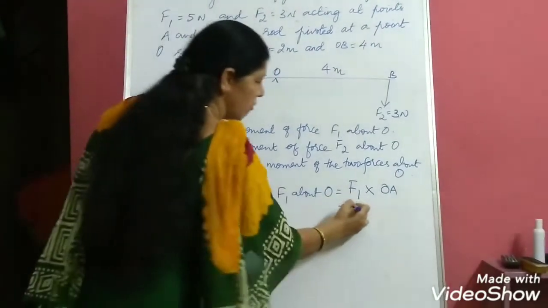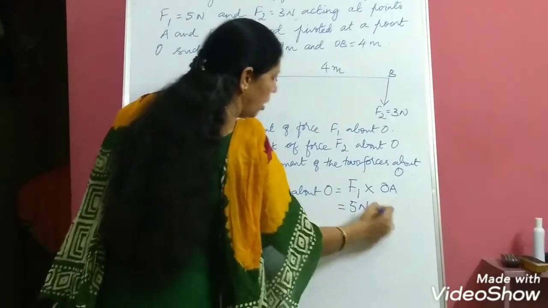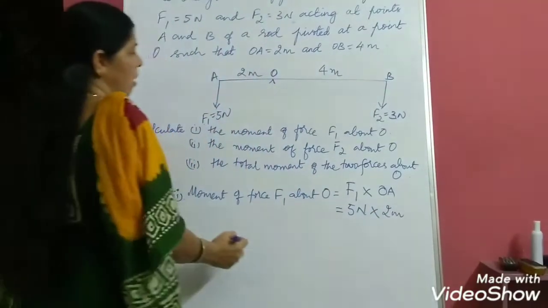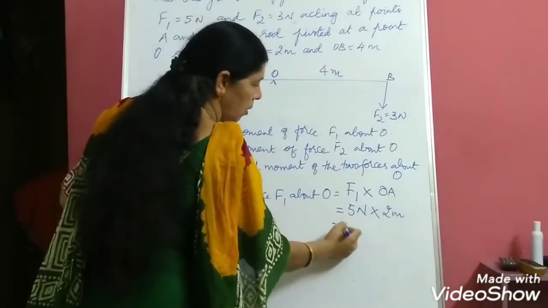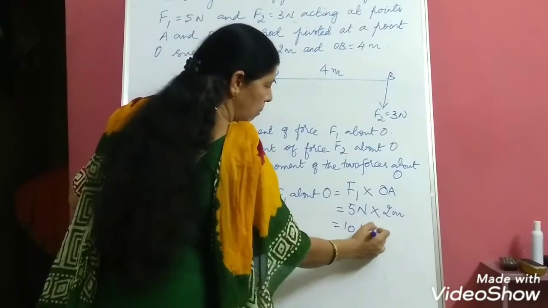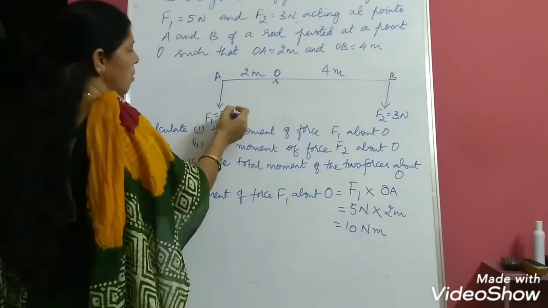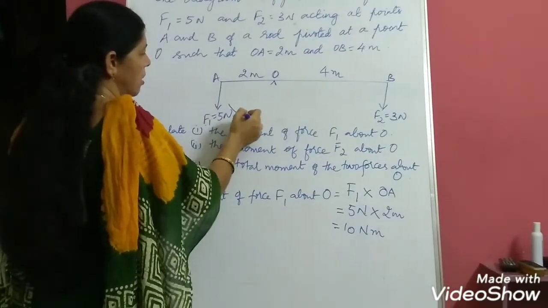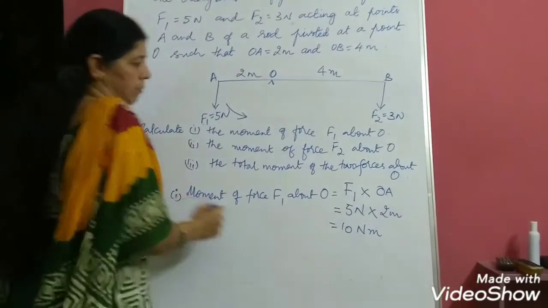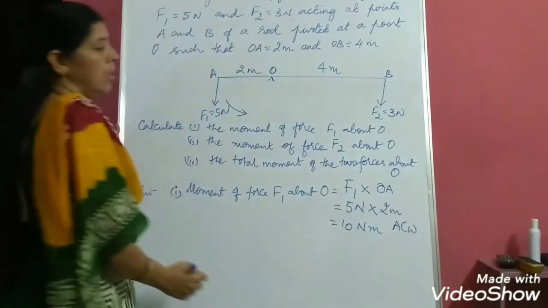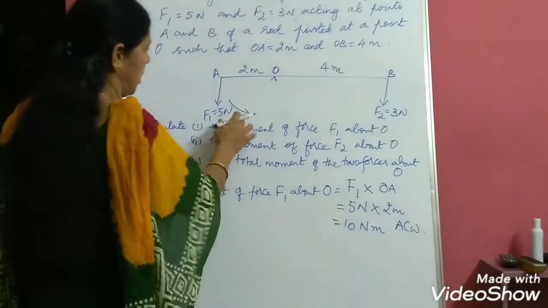F1 magnitude is 5 Newton, and OA is equal to 2 meter from the figure. Now this will be equal to 10 Newton meter, and this force will produce anti-clockwise moment in the rod. So it is 10 Newton meter anti-clockwise.